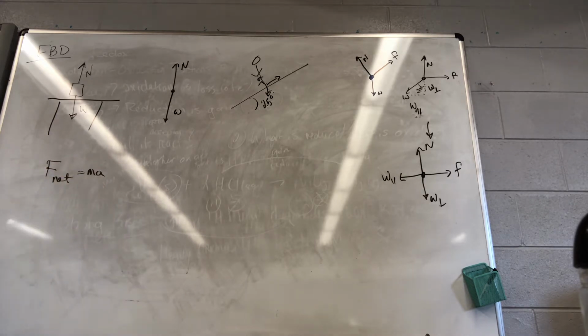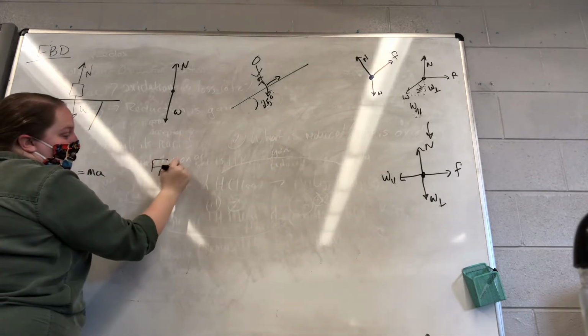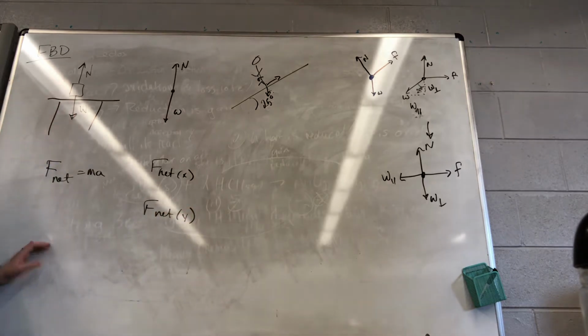When we write out F net, and when we're trying to adjust our free body diagrams to an equation form, I do want to remind you that we can have it in both directions. You can have F net in the x and F net in the y. Whichever direction the motion is actually occurring, that F net is going to be the one that does not equal 0.